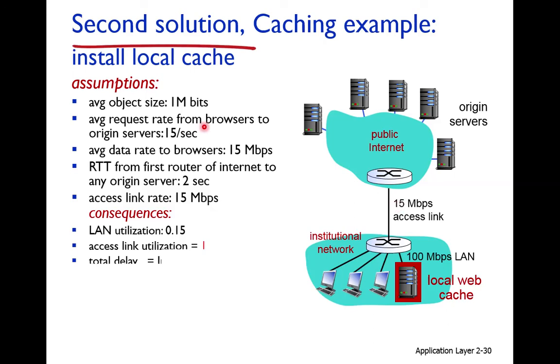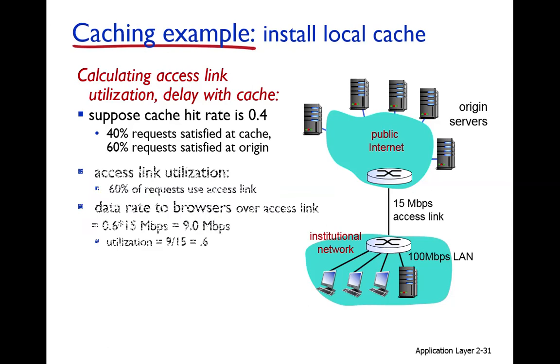So the objects will be 15 into 1 MB, 15 MB. Out of 15 MB, 60% has to pass through this. So what is 60% of 15 MB? It is 9 MB.